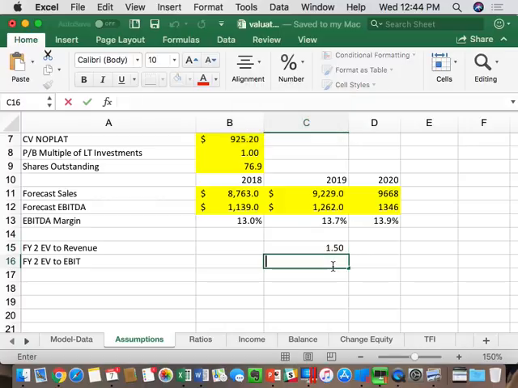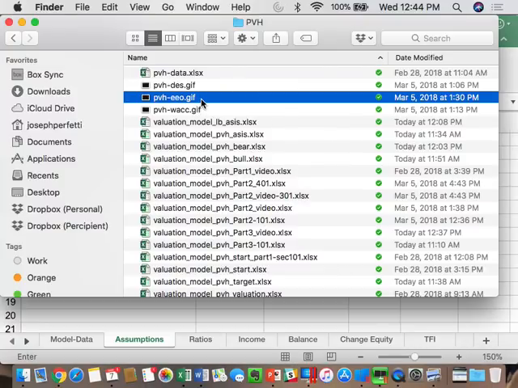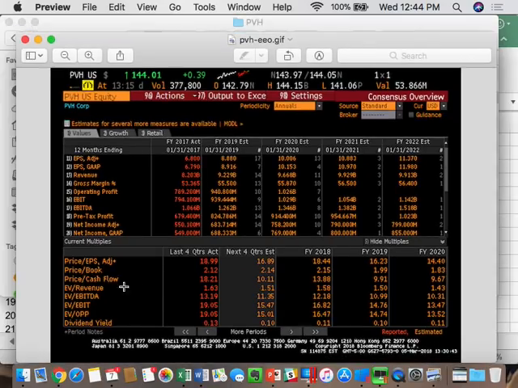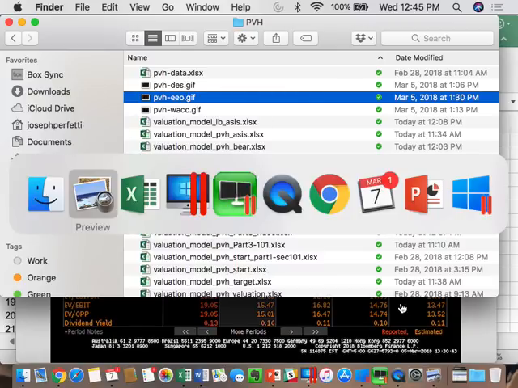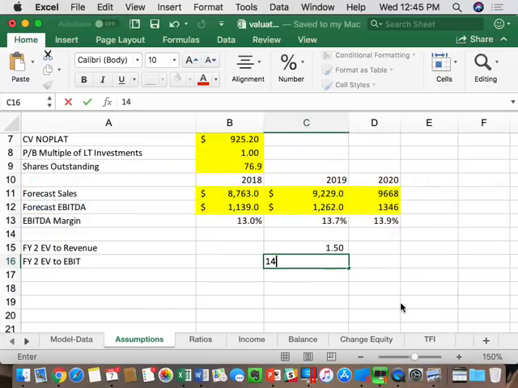All right, EV to EBIT at the time of the valuation, right here, 14.76. Times 2019 EBIT. That's what they were trading at the time of Monday's stock price.